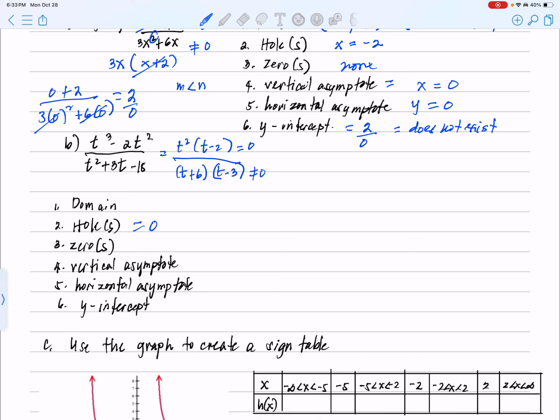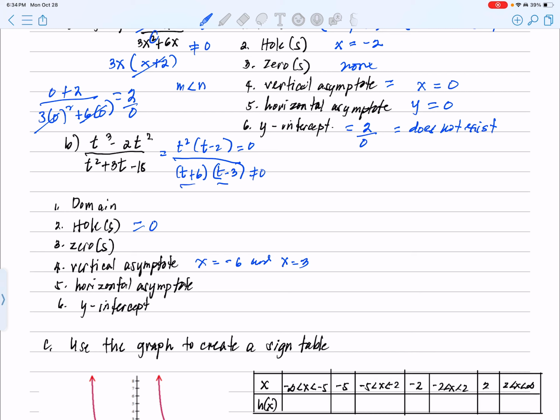For the vertical asymptotes, equating the denominator to 0 gives t equals negative 6 and 3, or x is negative 6 and x is 3.